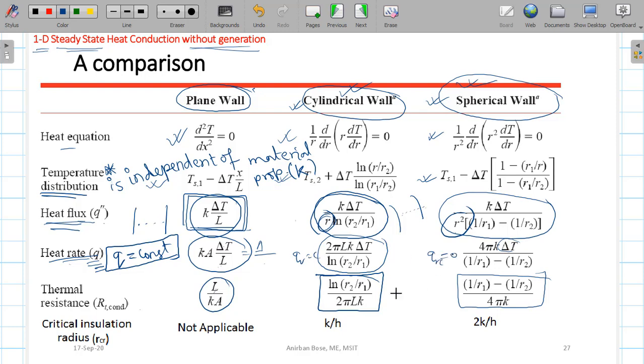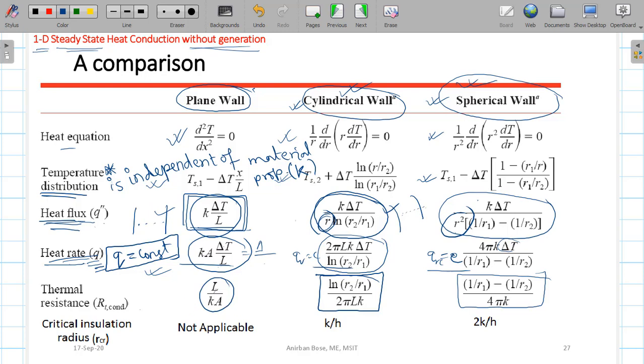So if we apply the basic conservation of energy, heat flux is not constant in case of cylindrical and spherical, but rate of heat transfer is constant in all these cases, whether it is cylindrical, spherical or a plane wall. It is all the time constant. Only in case of a plane wall, heat flux and rate of heat transfer both are constant along the x direction.